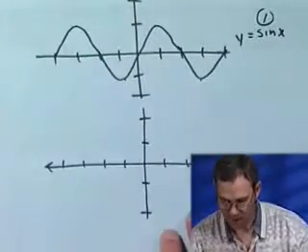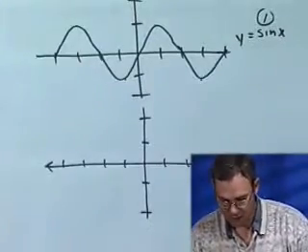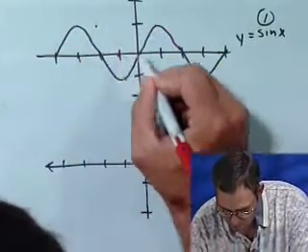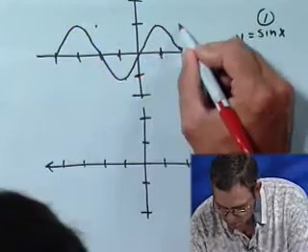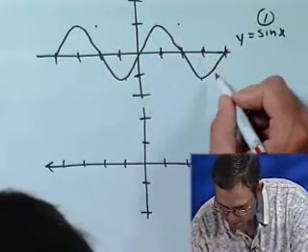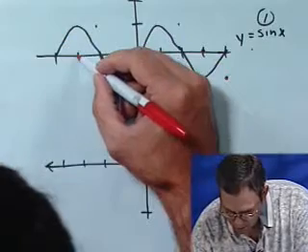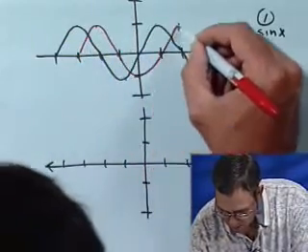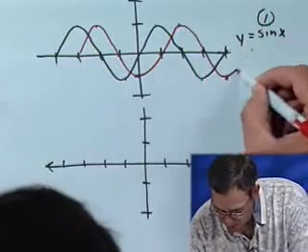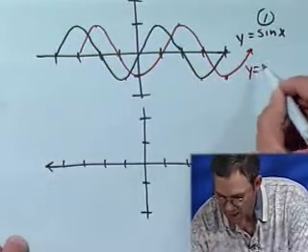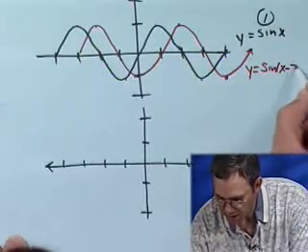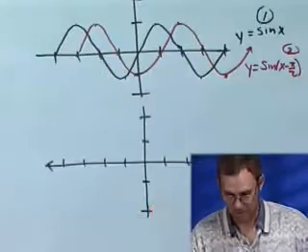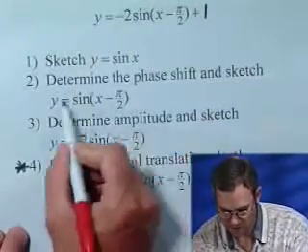So let's take our function here, and we'll shift it to the right pi/2 units. All right, so there is y equals sine (x minus pi/2). So we've completed step 2. We've now graphed this function.